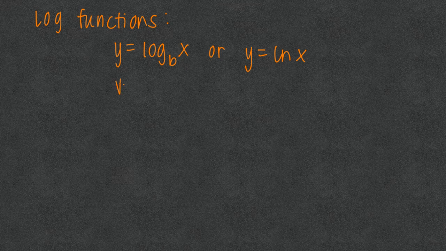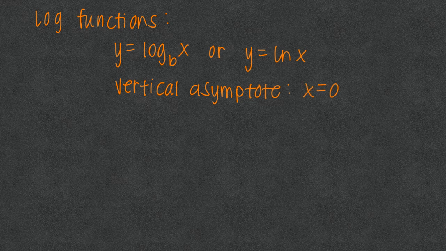Logs, instead of having a horizontal asymptote, have a vertical asymptote, and that vertical asymptote was at x equals 0. The domain and range switched places. The domain is 0 to infinity.